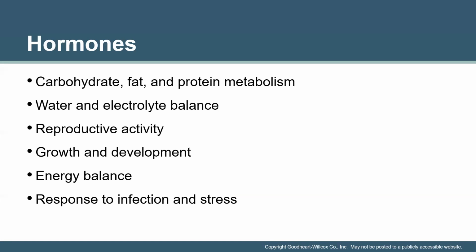They will be regulated by and help regulate these things. They will impact water and electrolyte balance. They'll have an impact on reproduction. They are the reason we grow and develop, part of the reason. They have a heavy hand in energy balancing and are going to be responsible for response to infections and stresses.